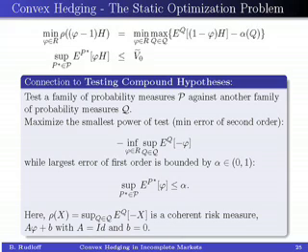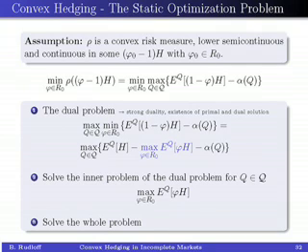Now we want to look at how to solve this static problem. As I already mentioned, the assumption is rho is a convex risk measure. It should be lower semi-continuous to have the dual representation, and we also need continuity in at least one point.